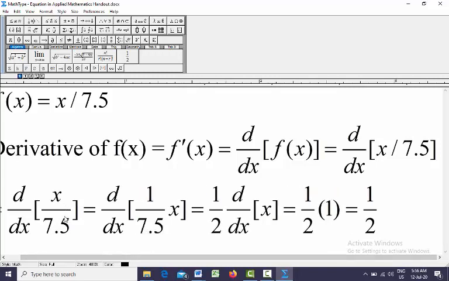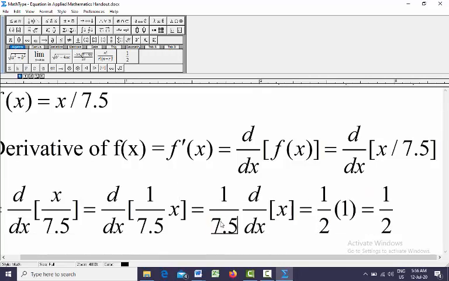So we have separated the number from the variable x. As I said before, differentiation of x with respect to x is always 1.